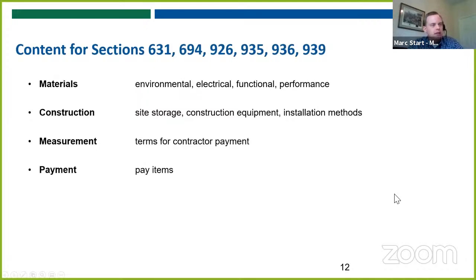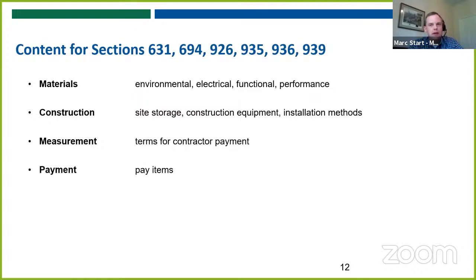And then in the remaining sections that are more the applications, the different devices that hang on an ITS network, our major sections are: what are the materials and how do you construct it? And then also, what is the method of measuring that pay item? And then what is the pay item itself?